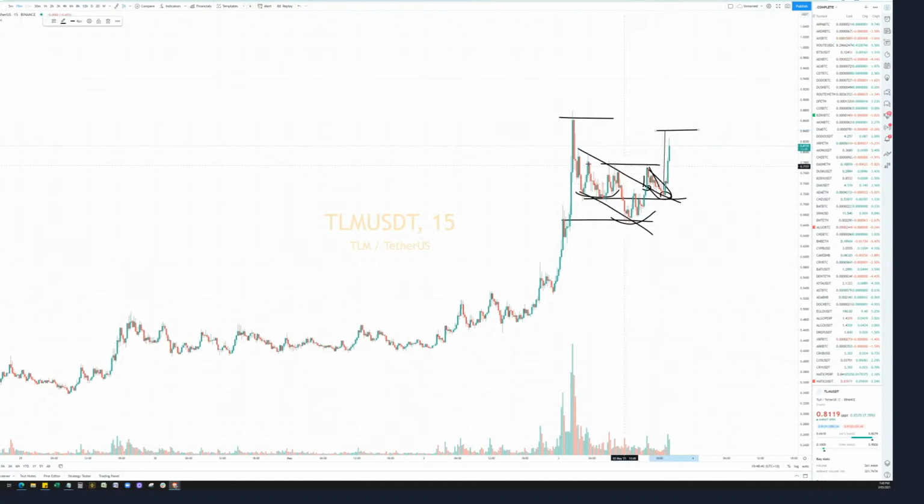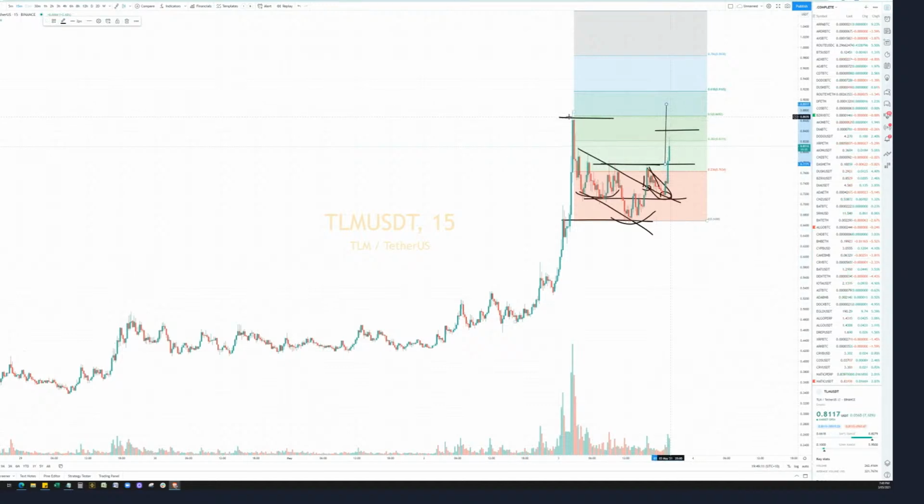And now that it's past this level, potentially a second target. Now, if I was to do that, what else can validate that target? Okay, so it's probably more likely.